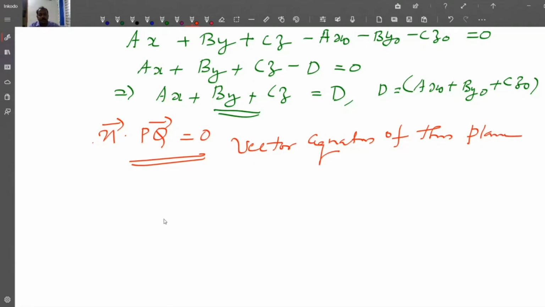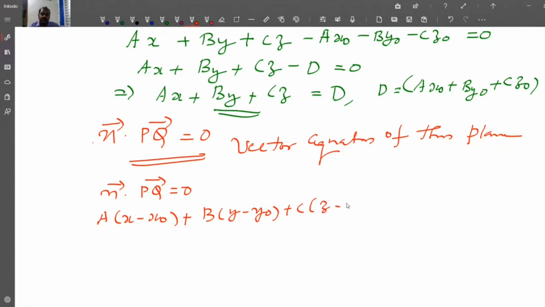So you have three things. One, n dot pq equal to 0, and you have a into x minus x naught plus b into y minus y naught plus c into z minus z naught. This is equal to 0.